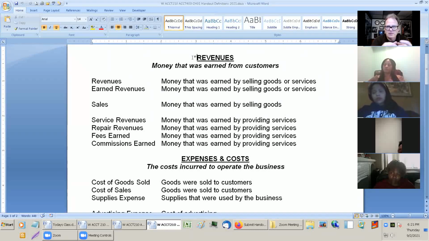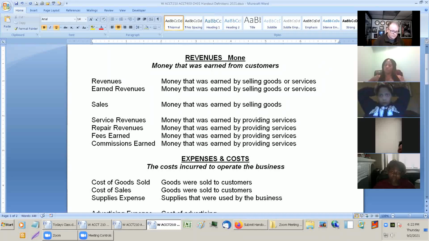We have special ways of naming those accounts. The money coming in, we call revenues. So revenues are money coming in.